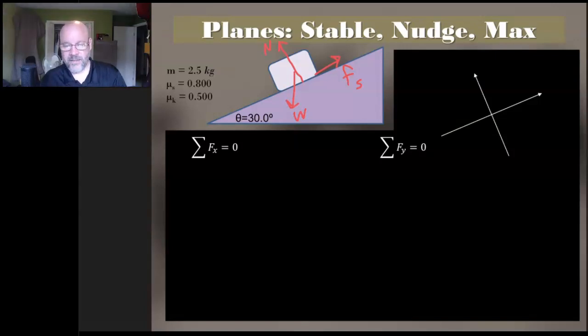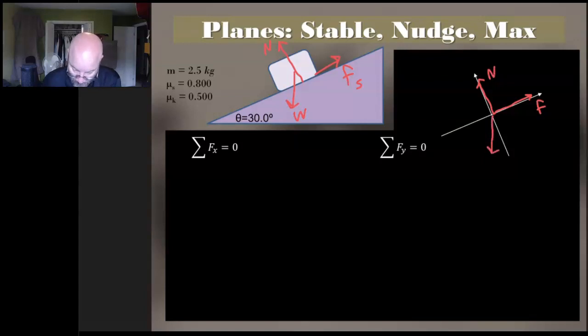I'm using a free body diagram that's tilted, and I tilted it to match the tilt of our ramp. And what that does for us is that means our friction is here, our normal force is here, and then our weight is here.